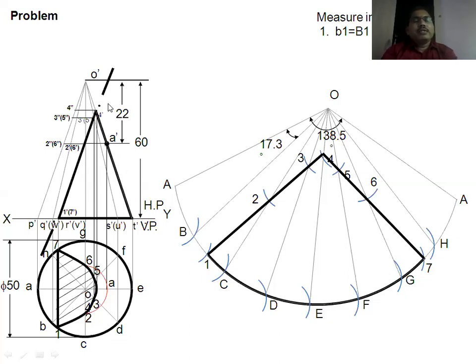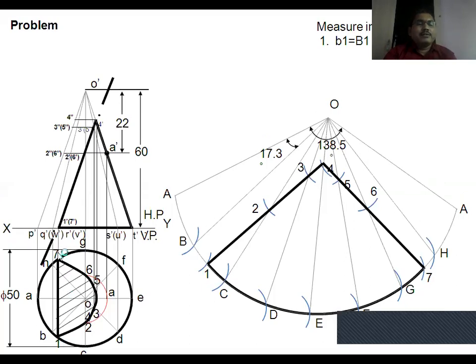Then in the first part of the numeric, it is asked to draw the sectional top view. Now you have to find out where this cutting plane cuts the generator or base. That point you have to mark. So here this 1 point is on the base, then on the other side, 1 point is here, but behind this there is the 7 point.